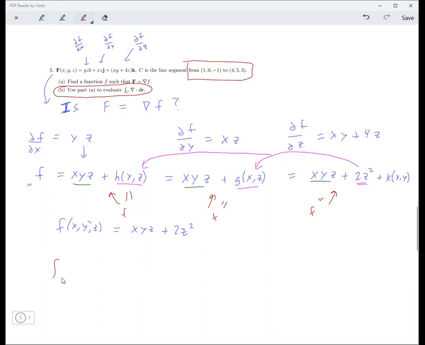So that means that this integral, and I forgot to write a little f right here, oops, dot dr, is going to be little f evaluated at the terminal point, or 4, 5, 3, minus little f evaluated at the beginning point, or 1, 0, negative 1. So I plugged each of those into here. So 4, 5, 3 go into here, and then a 3 goes into there.